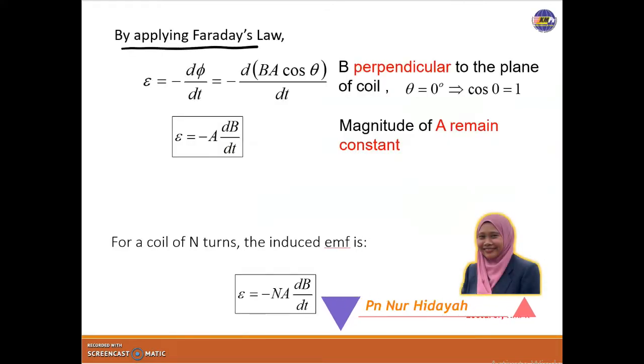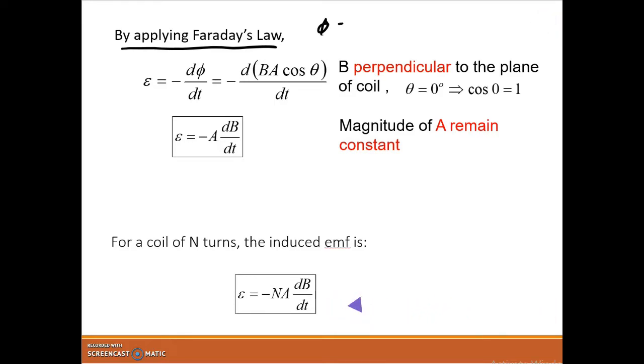By applying Faraday's law, we have EMF equal to negative d flux over dt, and flux is equal to BA cos theta, where theta is the angle between the normal of A and B. Alright, so B is changing, so we have EMF equal to negative A dB over dt.